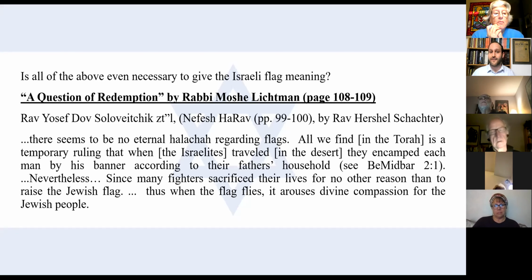I find it quite interesting that Rav Soloveitchik and Gershom Scholem had very similar logic in the end. What made a Jewish symbol a Jewish symbol? Not necessarily a long storied past, not necessarily that we've had it for thousands of years, but what makes a Jewish symbol truly a Jewish symbol that will last for eternity?